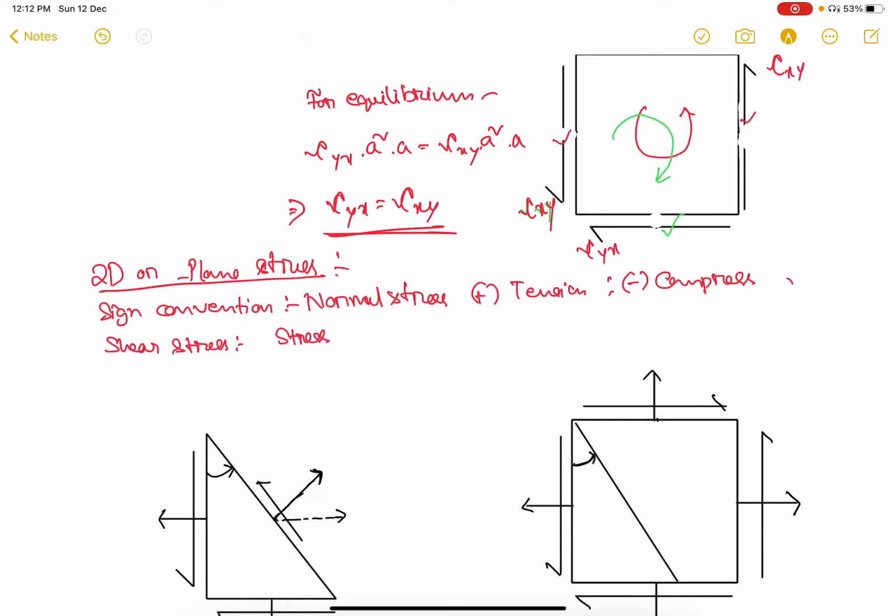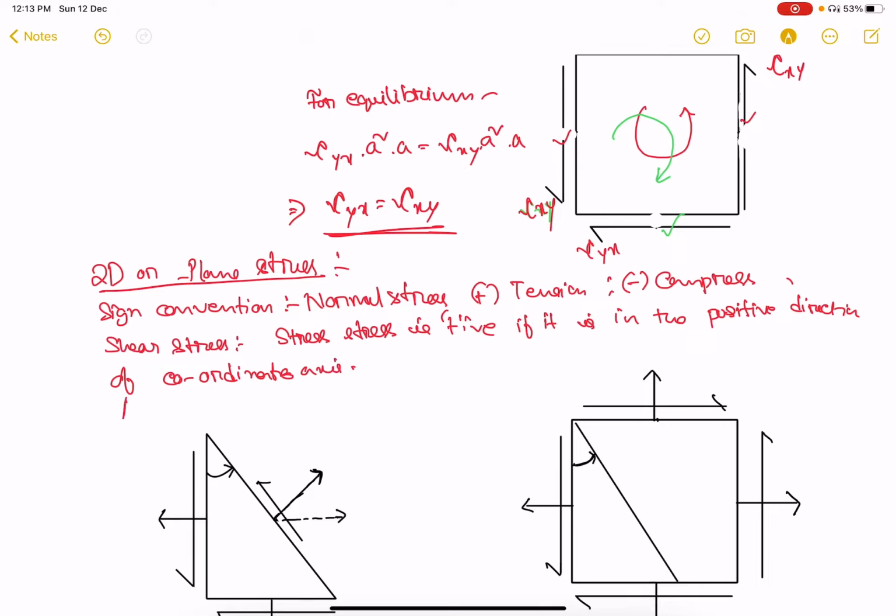Shear stress is positive if it is in the positive direction of the coordinate axis. And angle, anti-clockwise angle is positive.